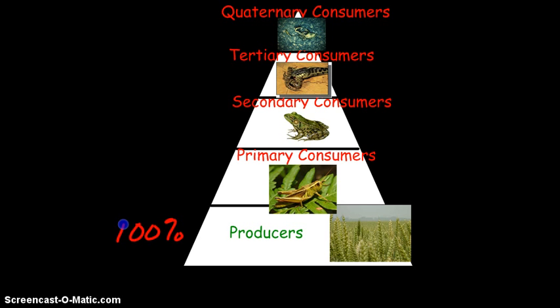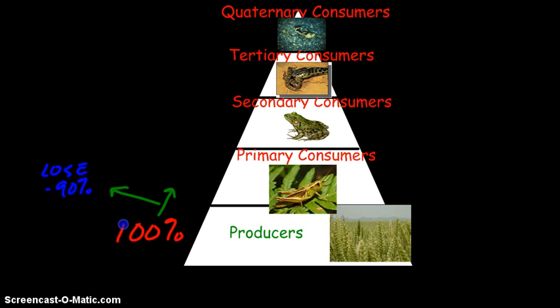Now, when the primary consumers get eaten by the secondary consumers, it's not an efficient transfer of energy. So there is some energy that gets lost along the way. So as this gets eaten by the primary consumer, we lose energy. We lose 90% of the energy there.